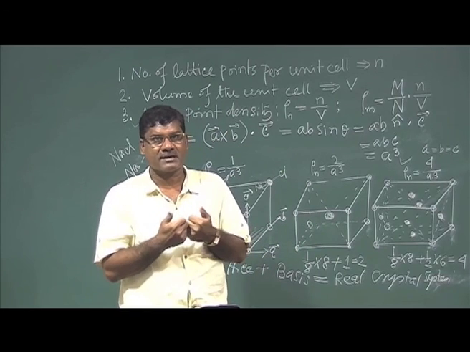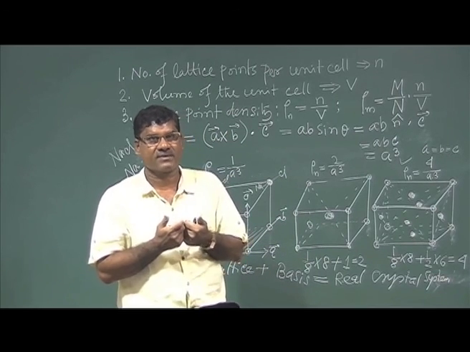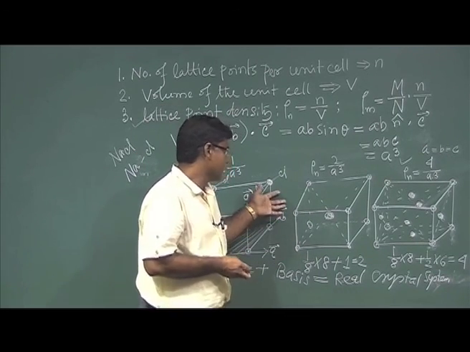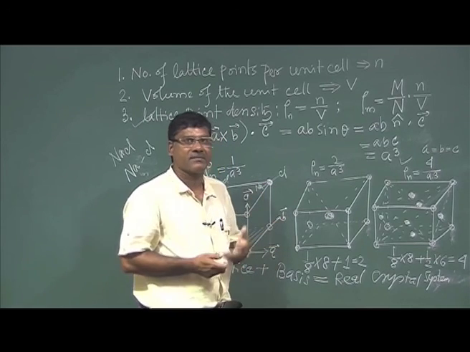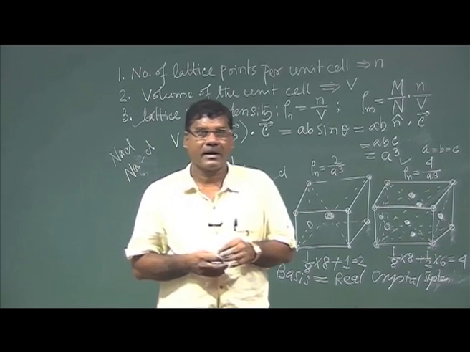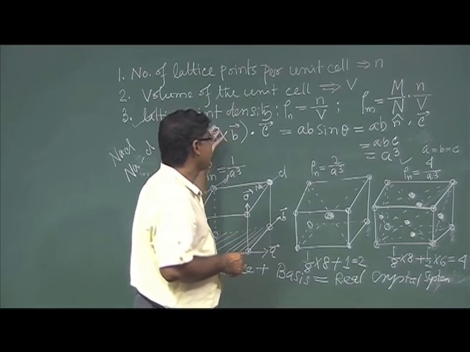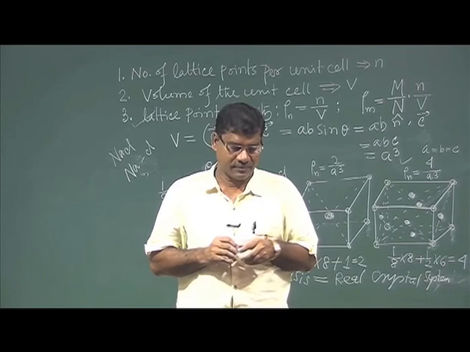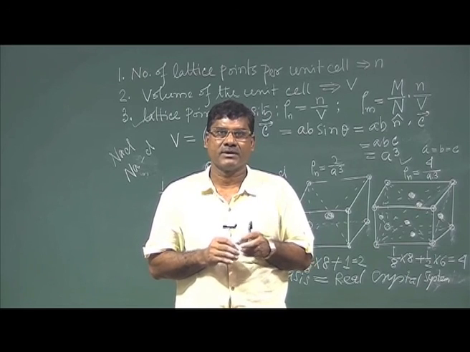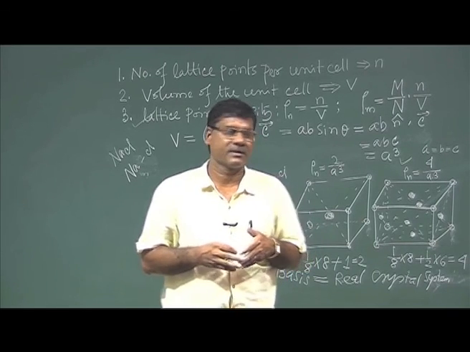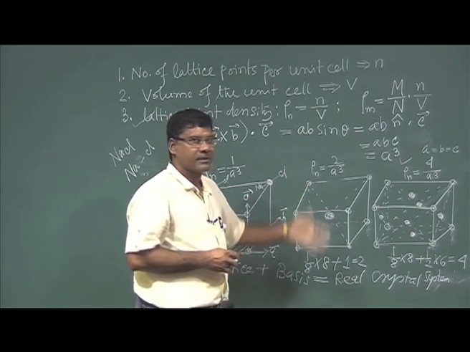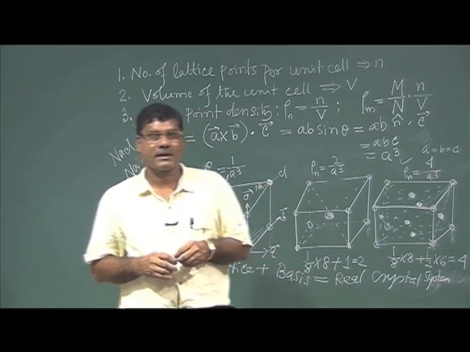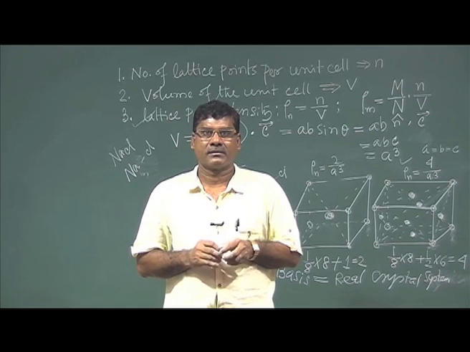From that concept one can find the radius of the atom, and from there we can get the packing fraction of the unit cell, as well as the coordination number of the lattice point.